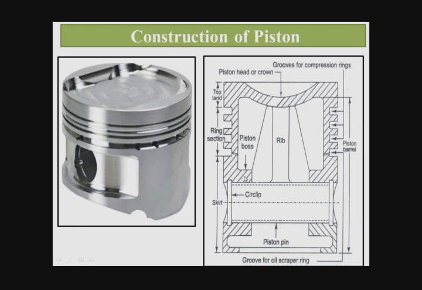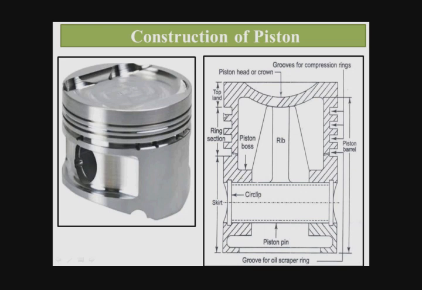This is called the piston boss. By this portion, the piston is connected with the connecting rod by using the piston pin, or sometimes it is also called the gudgeon pin.